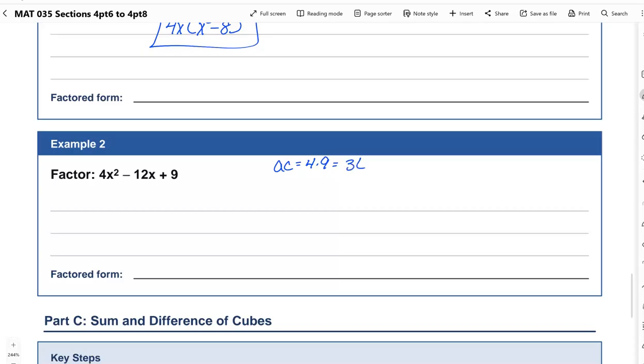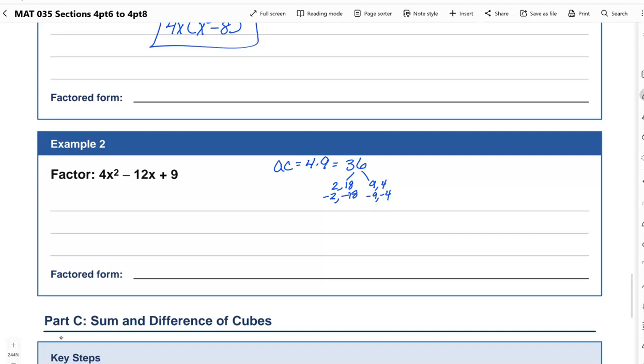A times C in this case is 36. Thinking about what can I multiply together to get 36. So I have 2 and 18, negative 2 and negative 18. That's not quite there. Nine and 4, negative 9, negative 4.